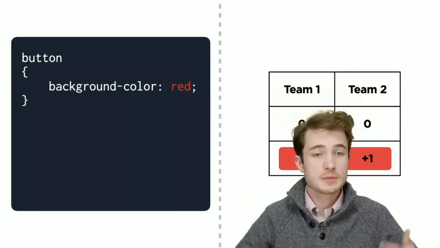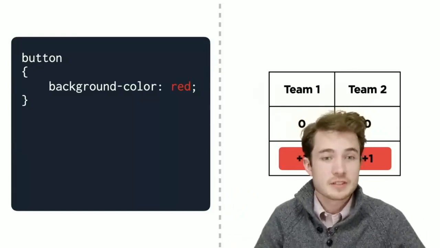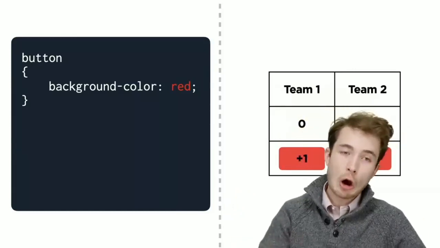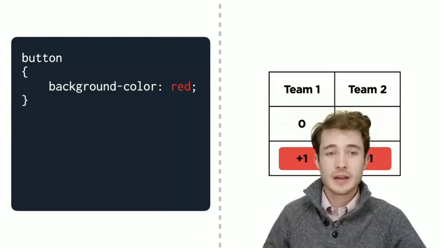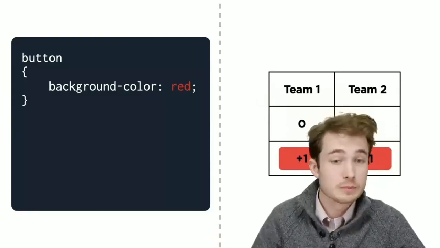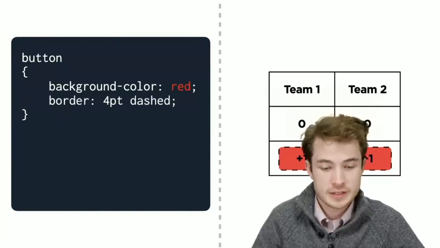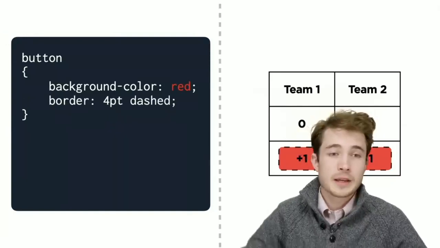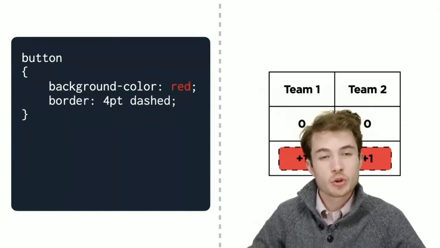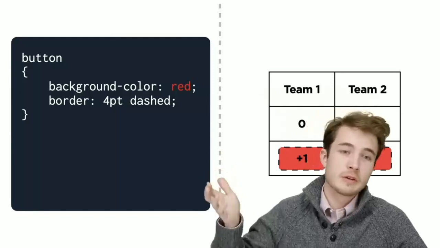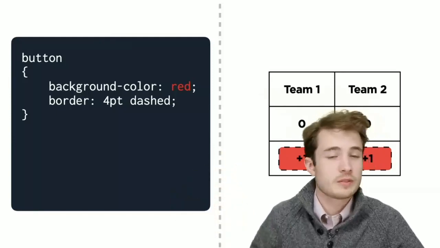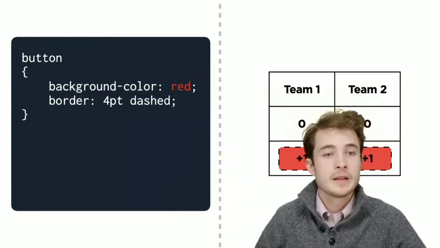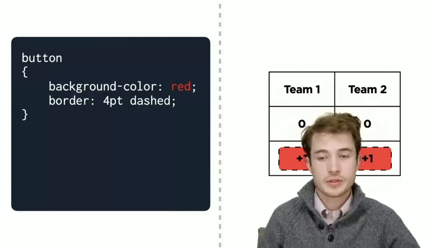I could also add some more styles to that very same selector. I could again select all my buttons, make them background color red, but also add some border. A border is a property in CSS you can use. And again, by convention, we define the border using this syntax here, maybe a 4pt or a 4px, whatever system you're using, and then dashed to denote that I want the border to be dashed.